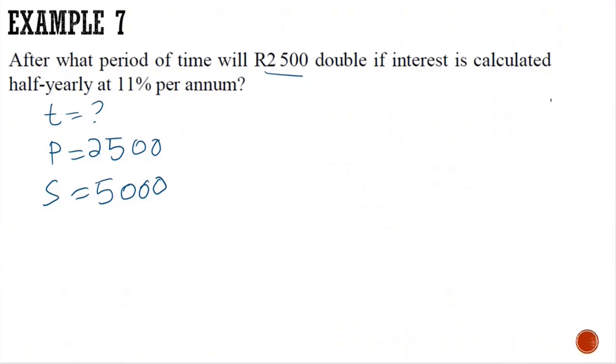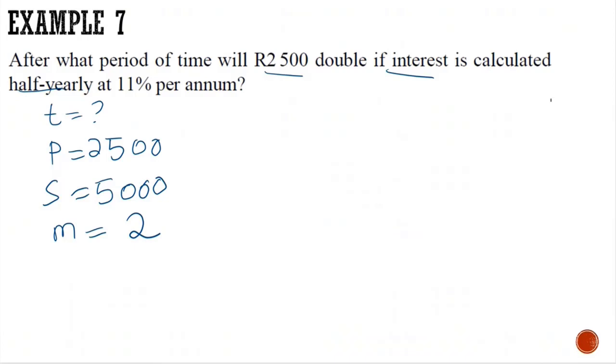You need to be able to read that from the context. The interest is calculated half yearly. It is compounding half yearly, that means semi-annually.